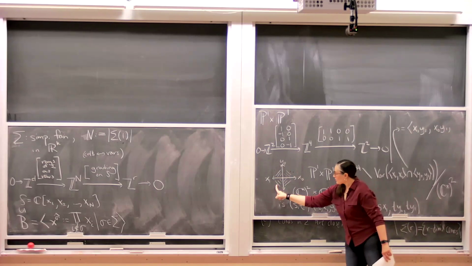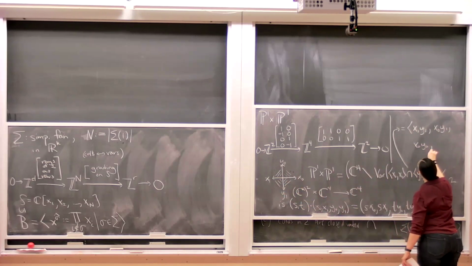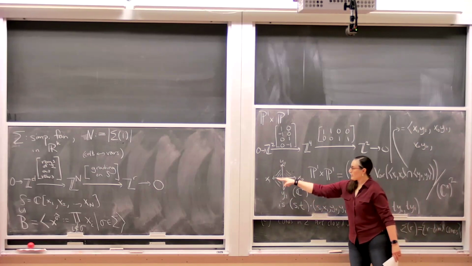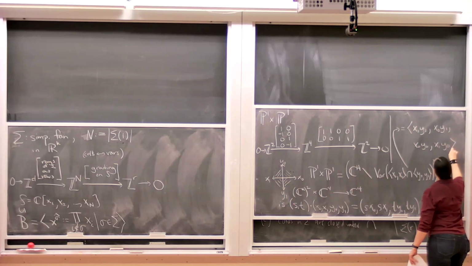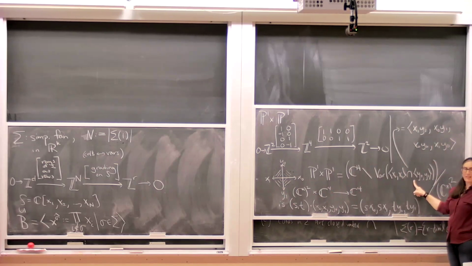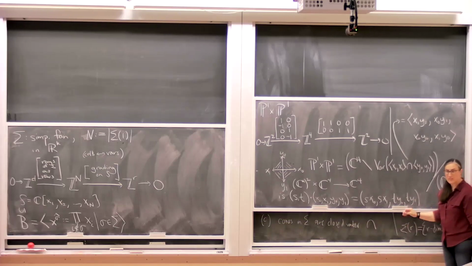Moving to the third quadrant, I have x0, y0. And in the fourth quadrant, I get x1, y0. And lo and behold, you can double check that these are equal. So that is what this process is doing. You can just go around.